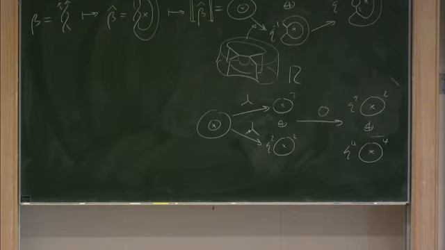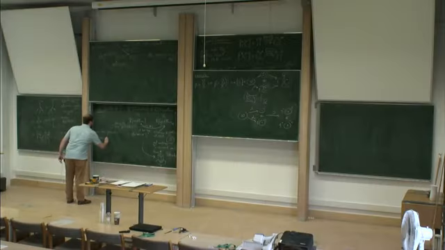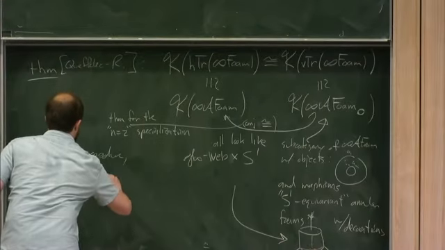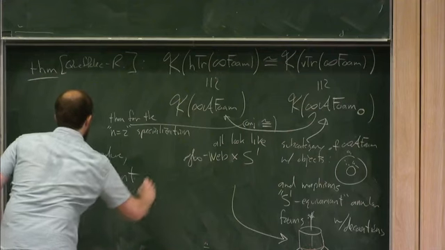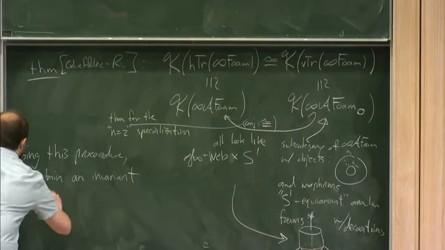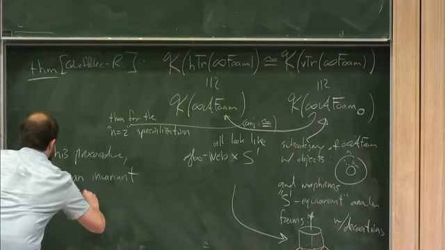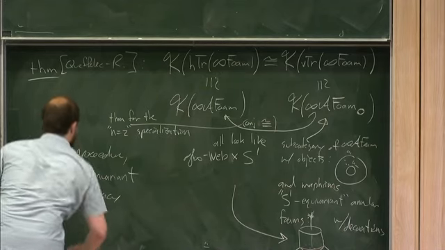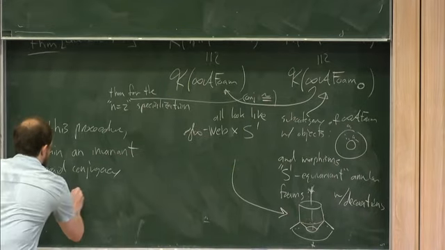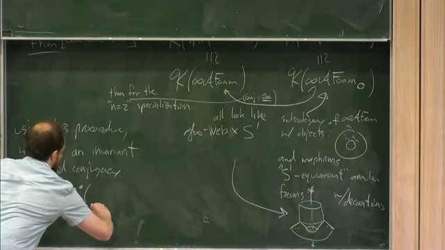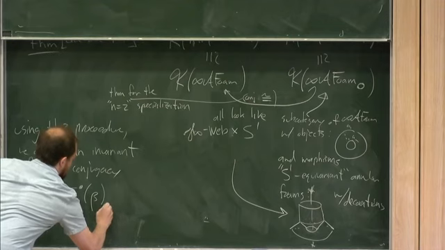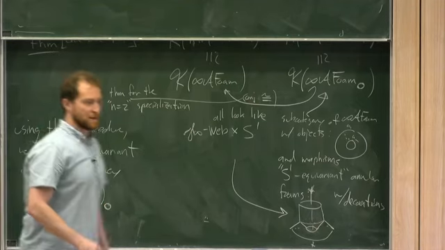So using this procedure, we obtain an invariant of braid conjugacy, which I'll denote by the complex that I assign to beta, which is built out of circular things.